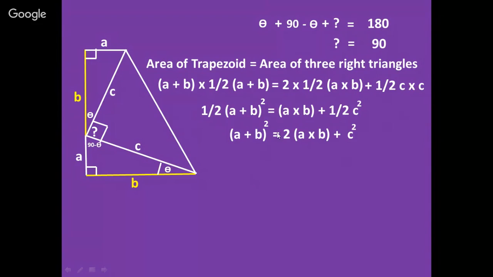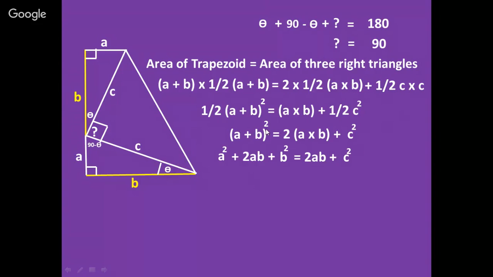Now we can expand this expression. It is a squared plus 2ab plus b squared is equal to 2ab plus c squared.